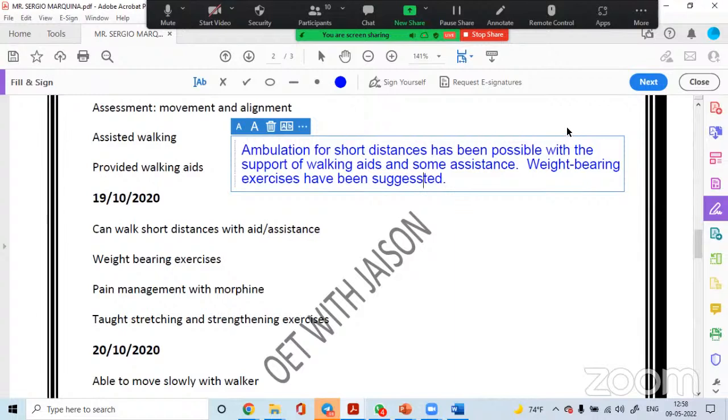I made a mistake. I'm correcting it. Full stop. Pain has been affected.